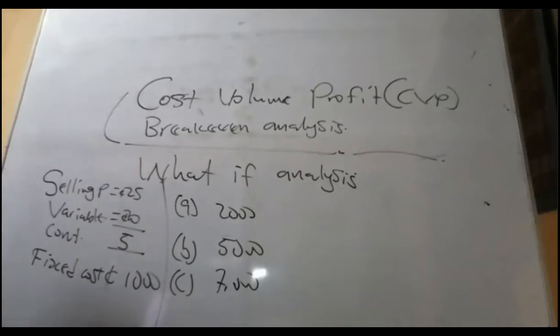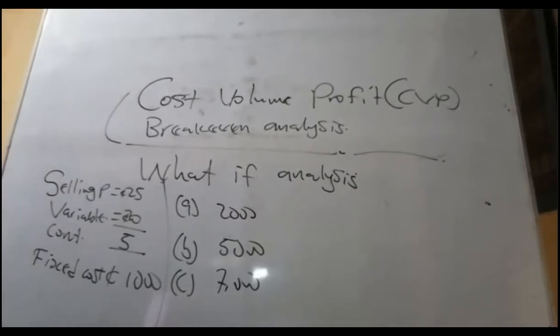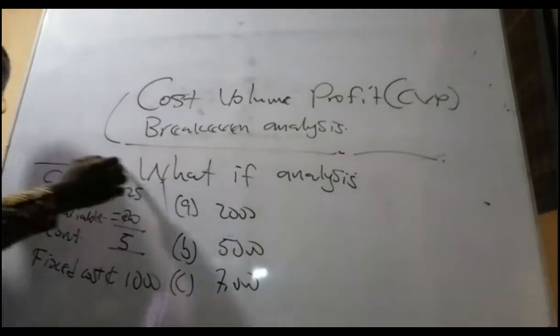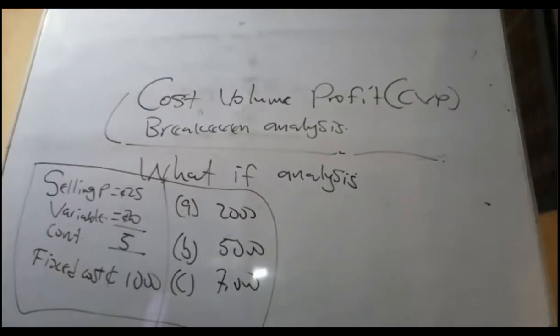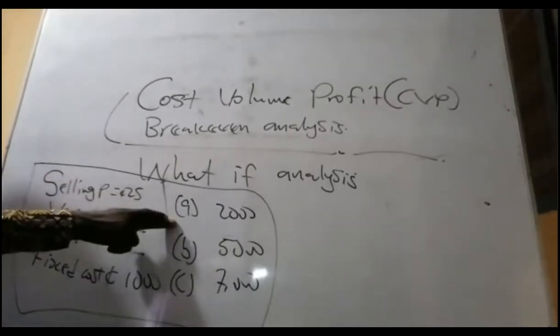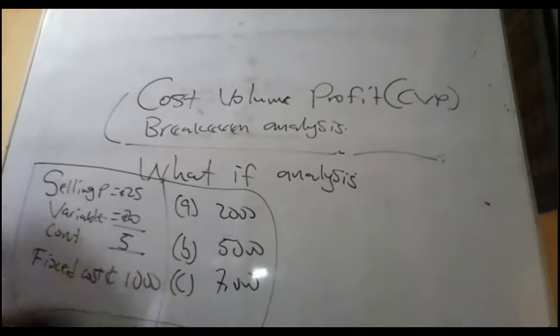So the question is required. Prepare an operating statement, that is a profit statement, for the following activity level. Using this data, prepare an operating statement or profit statement for the company for the following activity level. So the activity level A is 2,000, B is 5,000, C is 7,000.